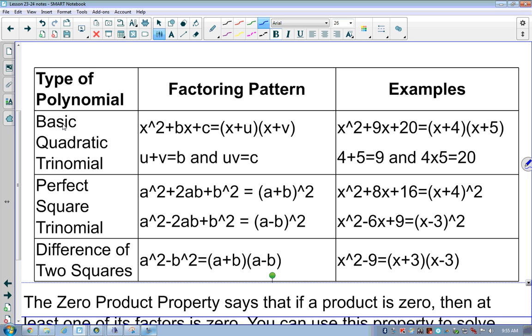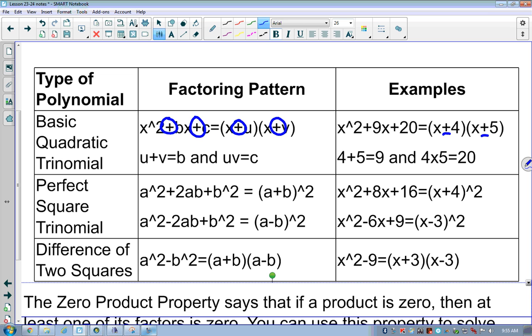What they're saying is that if it is plus plus in my factored form, it's going to be plus plus. Okay, so if I see something like x squared plus 9x plus 20, I should be getting plus and plus in there. Now I'm looking for two things that add up to 9 and multiply to be 20. That's 5 and 4. Okay, so do we see what they're talking about there?